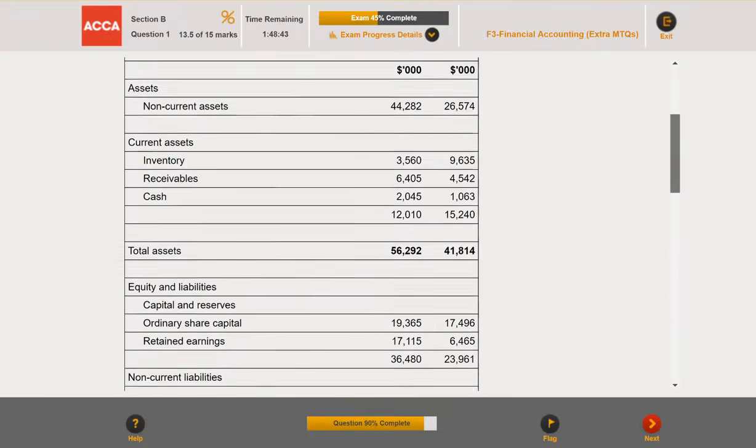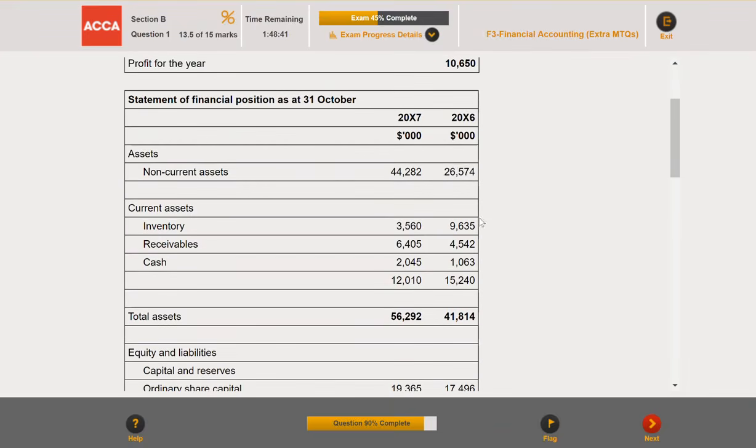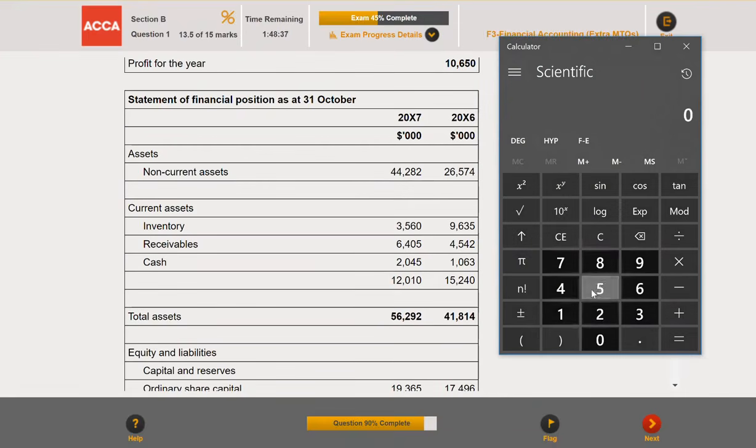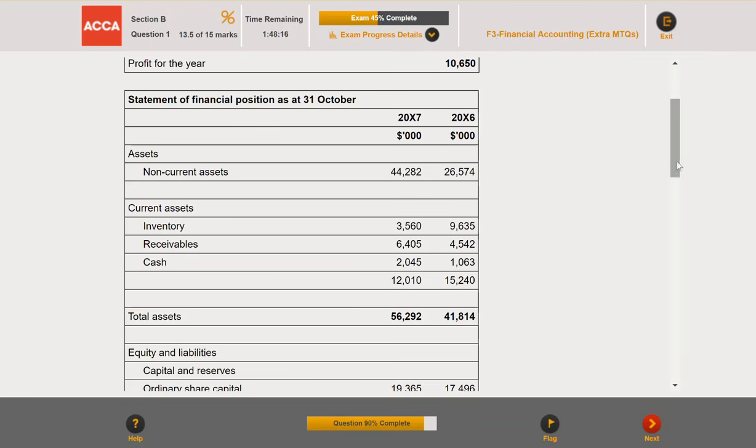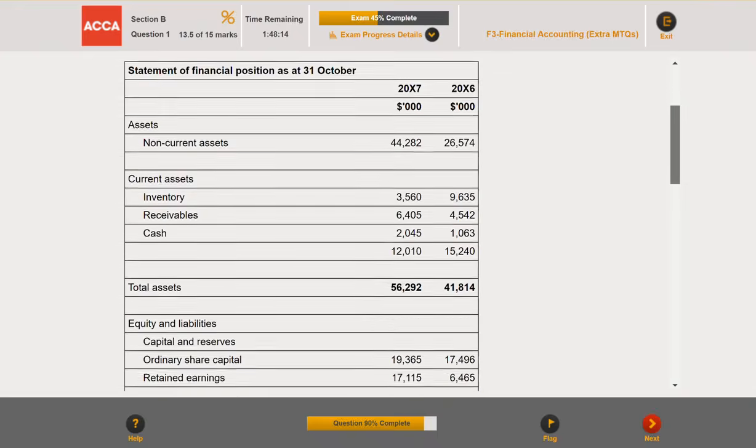So we start with the net book value of the asset, which is opening 26,574 minus closing. So we have taken the opening net book value and then we plus or minus what affects the net book value. And the difference will be given by the purchase.